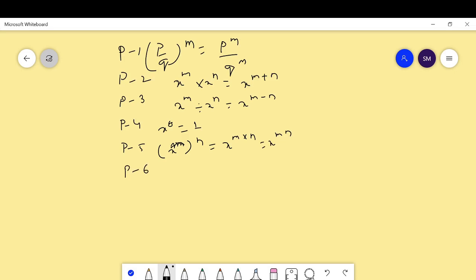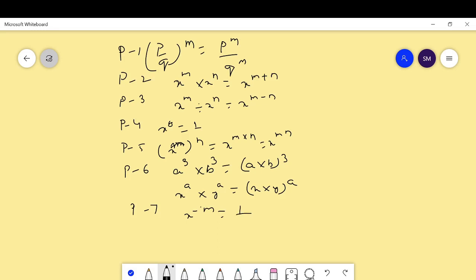Then property 6 says when the exponent is the same but the base is different, x to the power a into y to the power a is equal to x into y to the power a. Then property 7 says x to the power minus m means, to make the exponent positive, take the reciprocal, which is equal to 1 upon x to the power m.